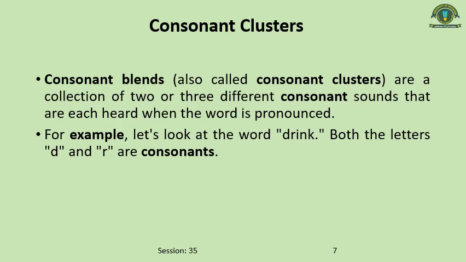They are heard together. As I said, string. And for example, you can have the word drink. D and R are together. There is a cluster. Both the letters D and R are consonants. Is it clear?